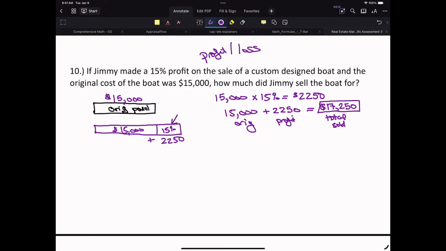You've got to know how to do that. And again, I know that I'm not giving you all real estate questions. We're just talking about basic math skills, basic math concepts. Once you get to class, you will have real estate math questions. I just don't want you to get wigged out because we're doing real estate math. If you can do what I'm doing now, you can do the math on the test.